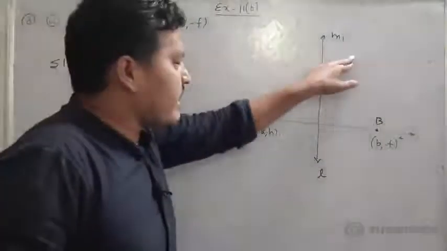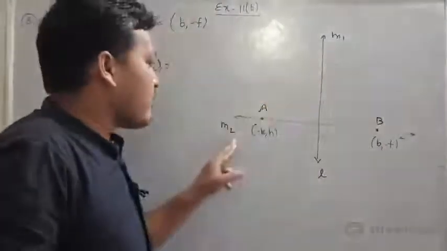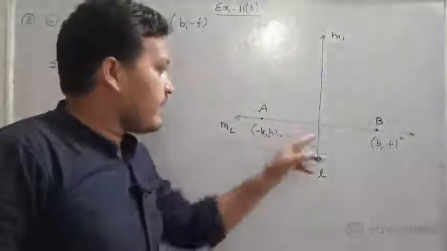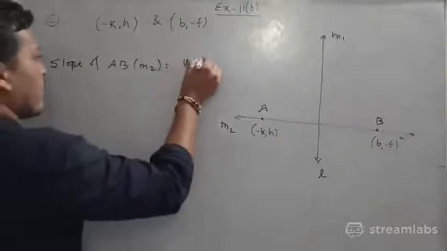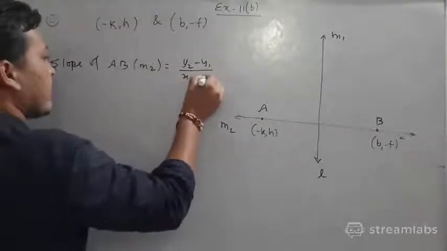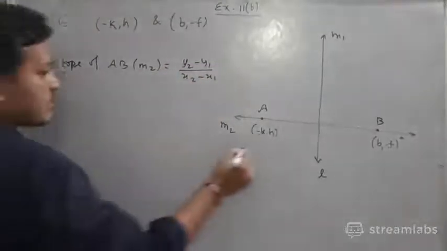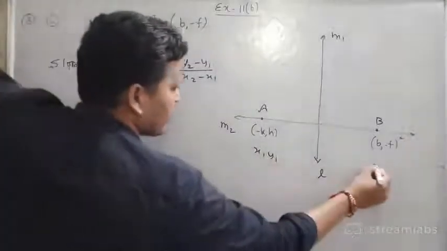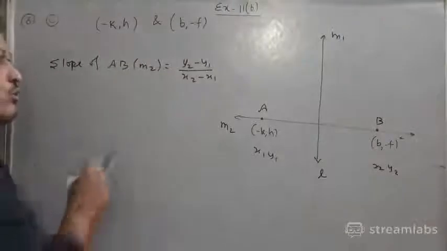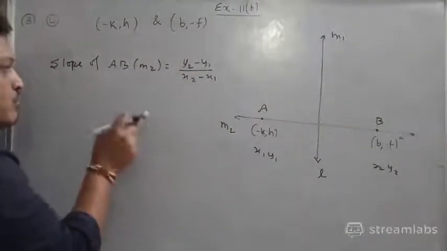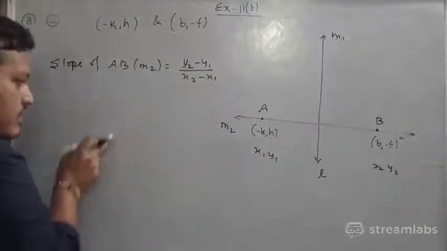Let the slope of line L be m1, and let the slope of line segment AB be m2. The slope m2 is (y2 minus y1) upon (x2 minus x1). This is x1, y1 and this one is x2, y2. When you are solving this question, write x1, y1, x2, y2 separately here. Then solve your question.